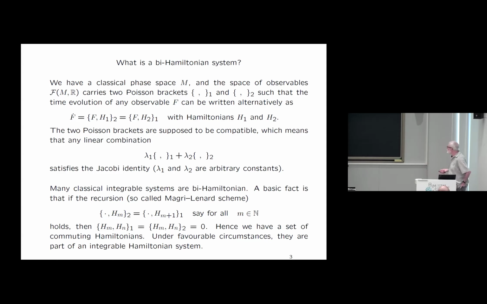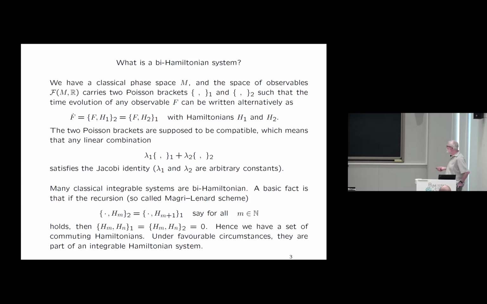And it is known that many classical integrable Hamiltonian systems are actually Bi-Hamiltonian. And this is one of the several unifying principles of integrable systems, the Bi-Hamiltonian idea.